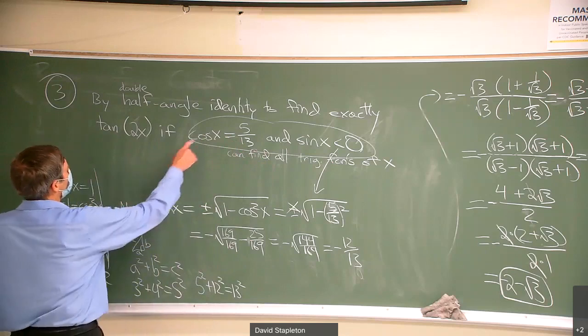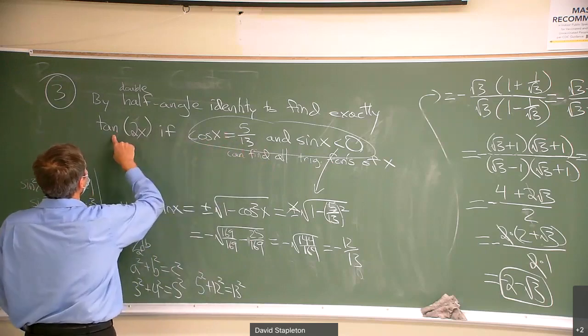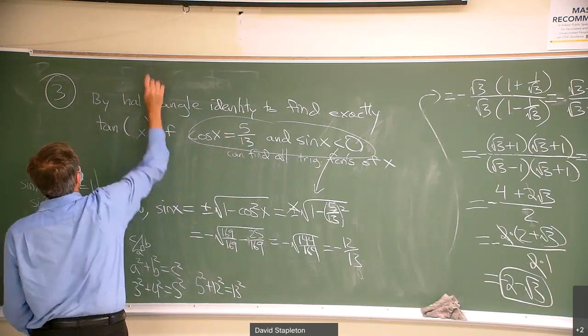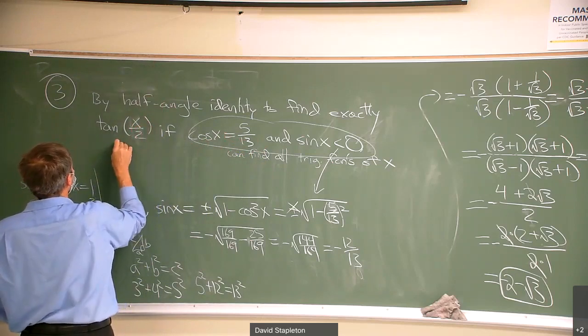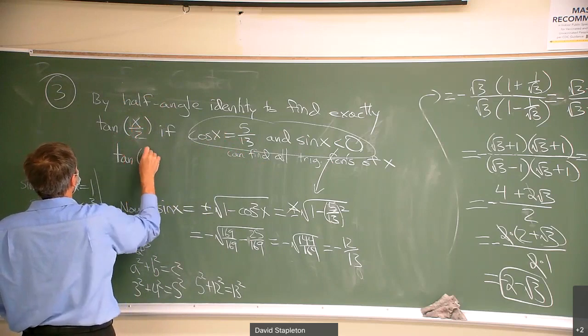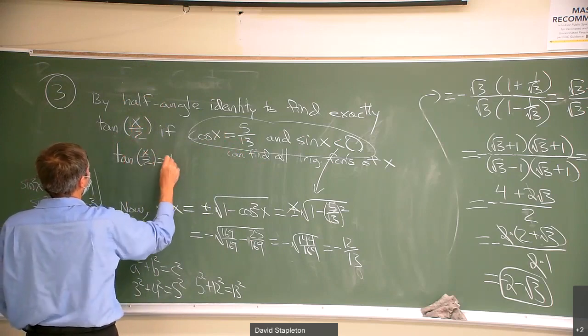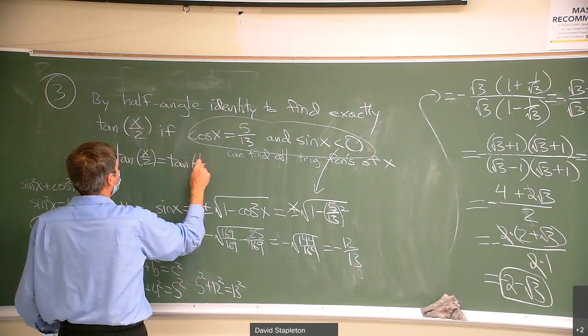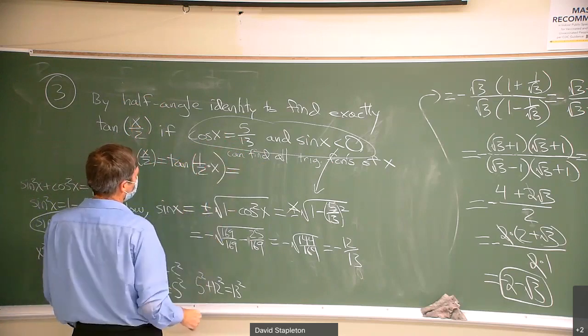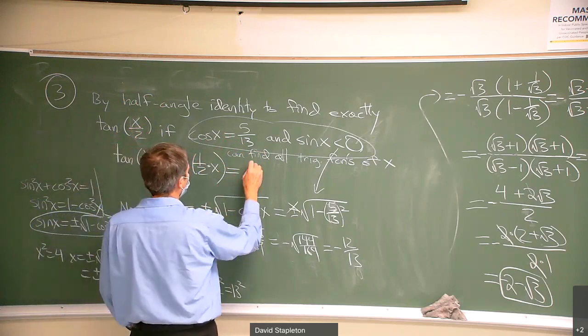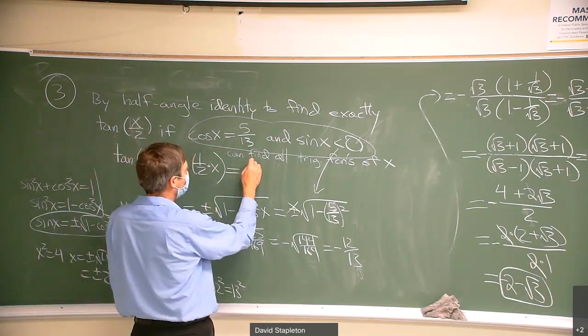Now the trick on these, where I say given these and find tangent of a double angle, or in this case, tangent of a half angle. X over 2 is a half angle problem, right? It's tangent of 1/2 times x. There's a formula for that. You just have to memorize it. The half angle formula is, remember this one?